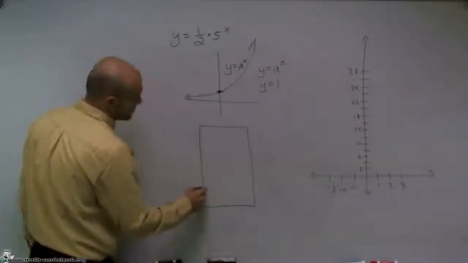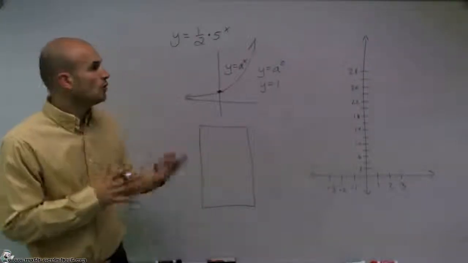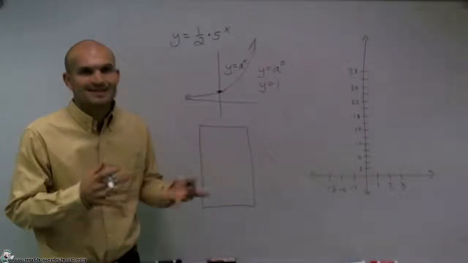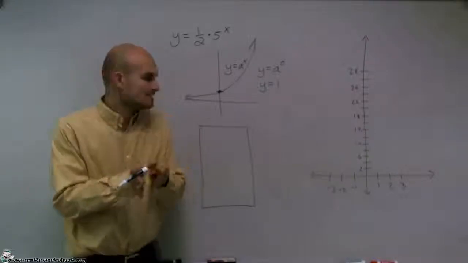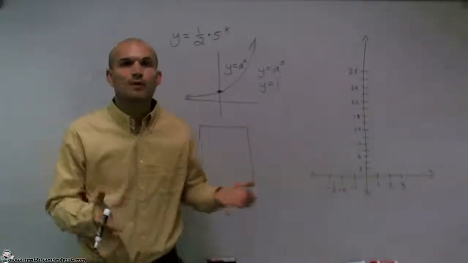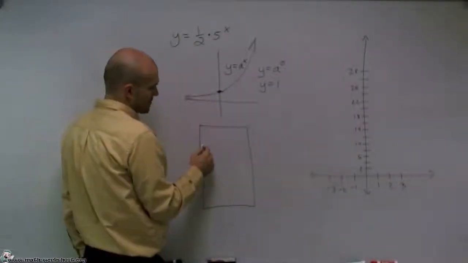Let's figure out what the y-intercept is, and then I'm going to pick a point to the left of it and a point to the right and determine where those points are. That will help me guide the path like I did for the parent graph.